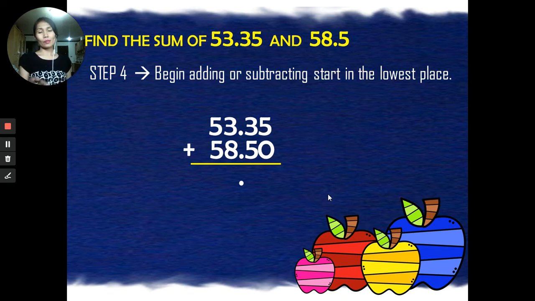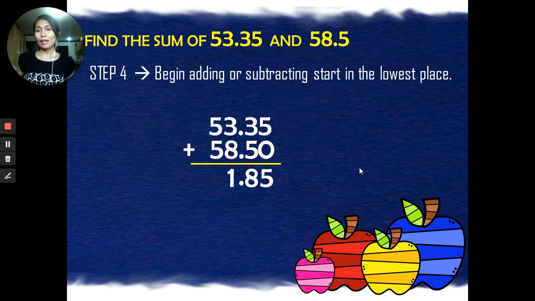After you bring down the decimal point, start adding from the right, because the place on the right is the smallest. 5 plus 0 is 5. 3 plus 5 is 8. 3 plus 8 is 11, right? We cannot write 11 there, so we write only the number in the ones place, 1, and carry the other 1 to the tens place.